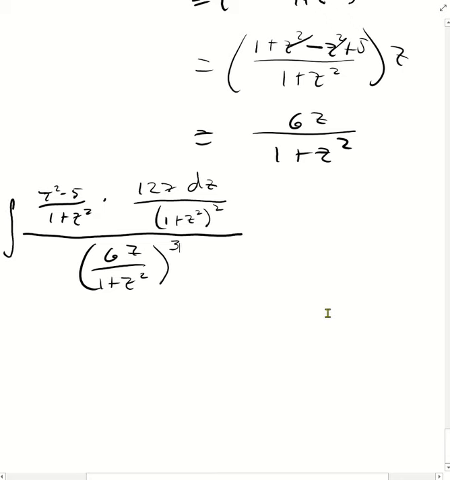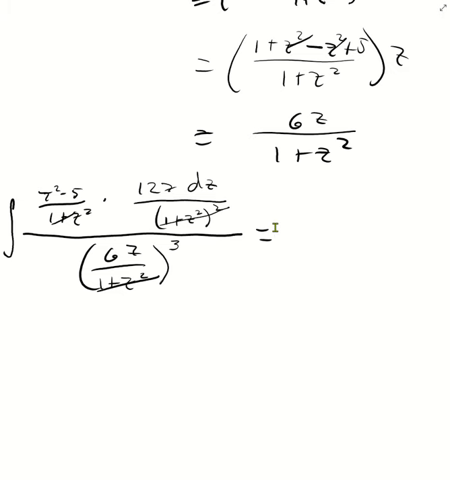And we can simplify first this one before we integrate. So how can we simplify? This is cubed, so there are 3, so we can cancel out this and this. Then 6z cubed. Then at the numerator we have z squared minus 5 times 12z.